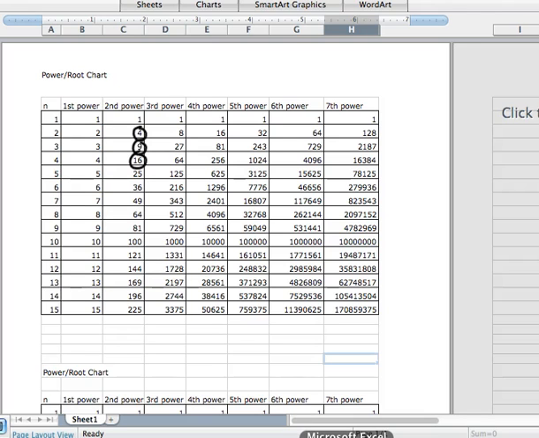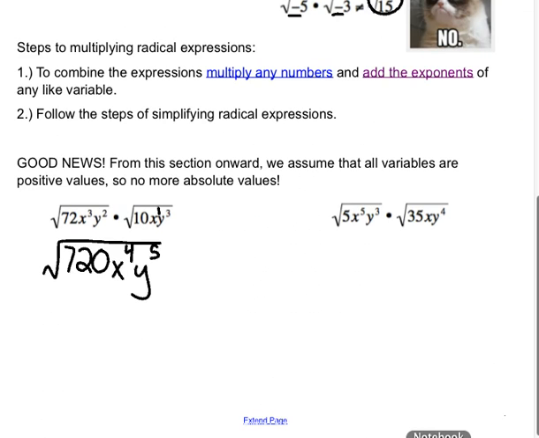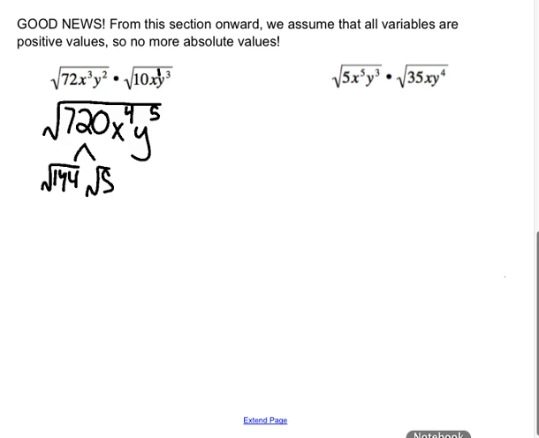So here the goal is finding the biggest number that works, and in this case, the biggest number that ends up working is actually 144. Okay, you can go all the way up to 144. 720 divided by 144 leaves you with 5. So I'm going to break this down. This is 144 and 5.